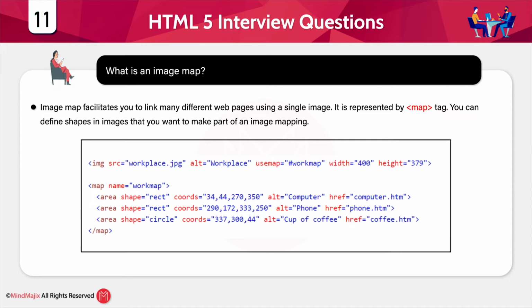If an image is partitioned into different portions with different hyperlinks, it is represented by the map tag. You can define shapes in an image that you want to make a part of an image mapping.